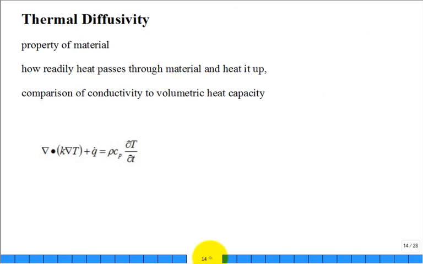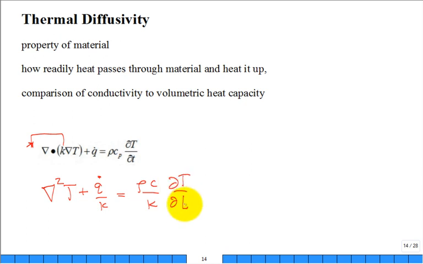So we're going to come in with a new property. If this K is constant, it can come outside. And then often people will write this equation as del squared T plus Q dot divided by K equal to rho C over K, the partial of T with respect to time.